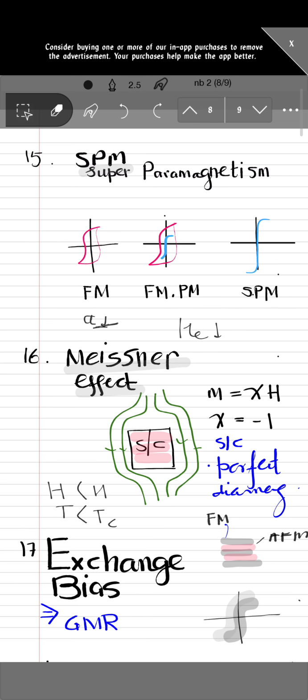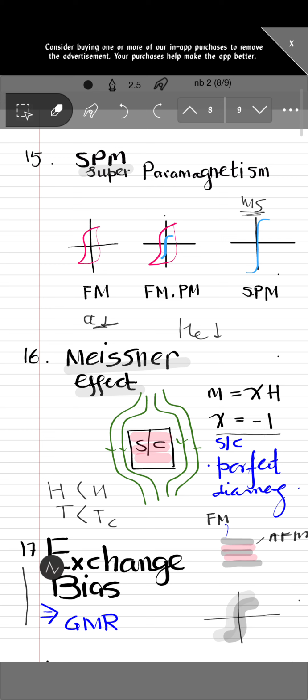Now, due to the Meissner effect, the magnetic lines of force bypass the material because they are not allowed inside. This can be considered an effect showing superconductor behavior, similar to what happens in the case of a superparamagnet. The only thing is that the saturation or the MS value is much lower in the case of paramagnetic materials. So this can be called a perfectly diamagnetic material with a susceptibility value of -1.